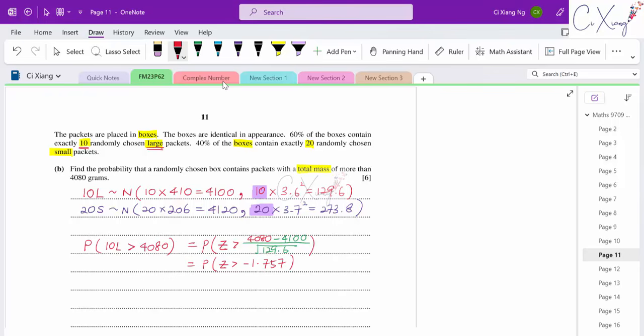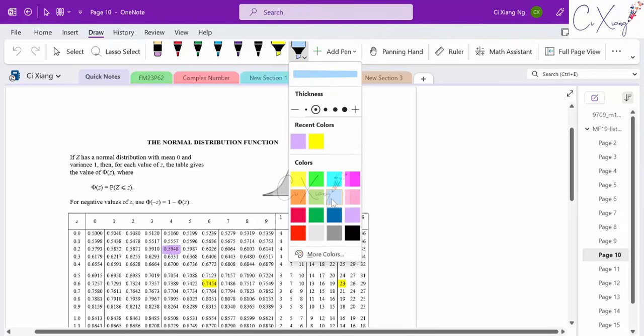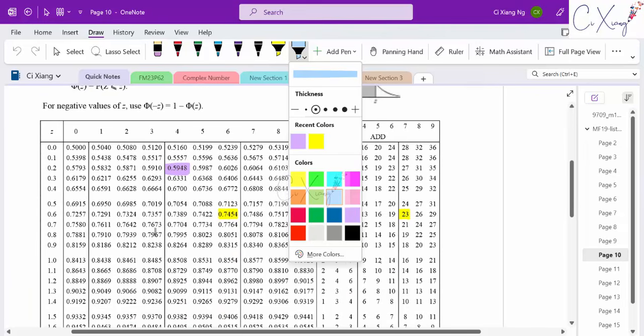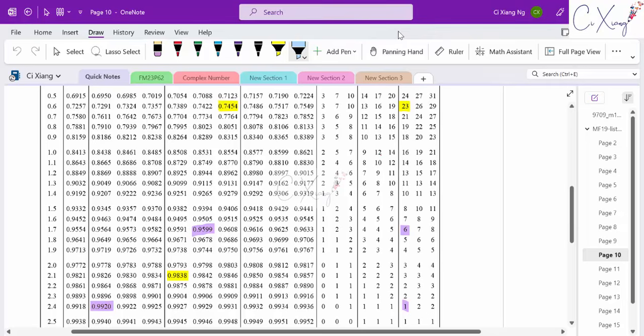Okay, so if you try to sketch out this area, basically it is the same as Z smaller than 1.757. Okay, so let us have a look for the value from the normal distribution table. Where is 1.757? Okay, so maybe we scroll down. 1.757. So what do we have here? 1.75.